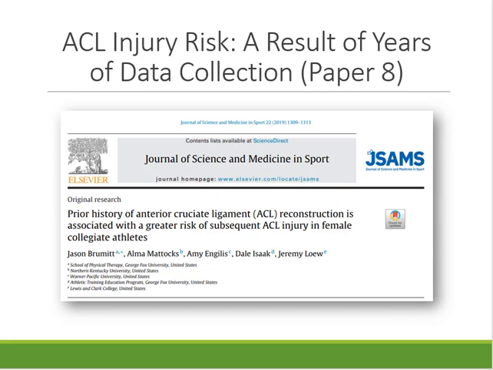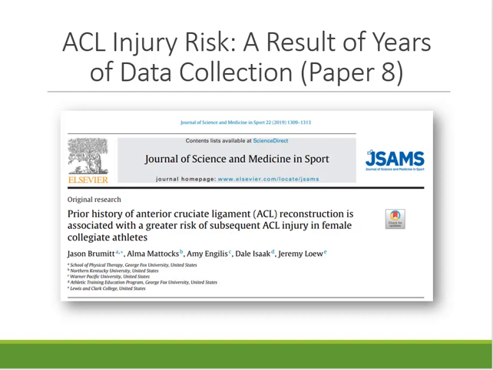Now this last one here is a result of years of data collection. This particular study looked at 100 and some volleyball players, I think 100 and some women's basketball, and right around 100 soccer players. So we had over 300 athletes. These are all female athletes, and I was looking to see if prior history of an anterior cruciate ligament reconstruction is associated with a greater risk of a subsequent injury.